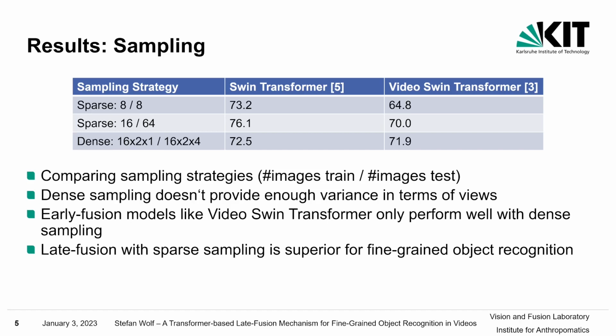So what can we take away from this? First, we need a sparse sampling strategy, and second, we need a late fusion architecture to perform well in fine-grained object recognition.